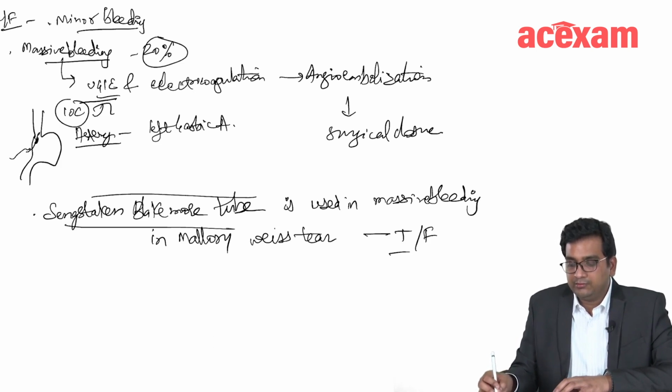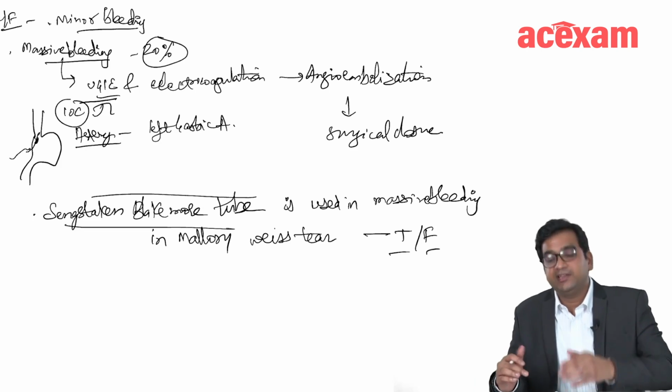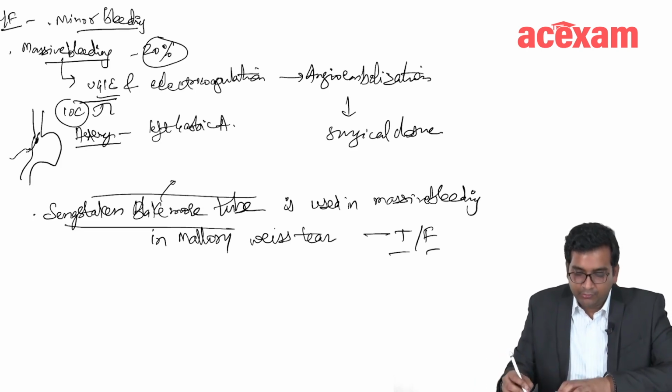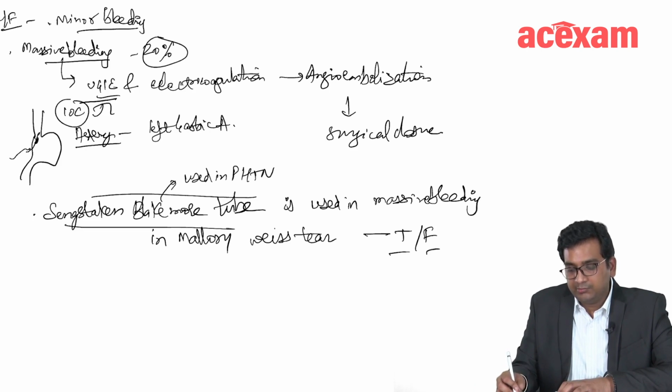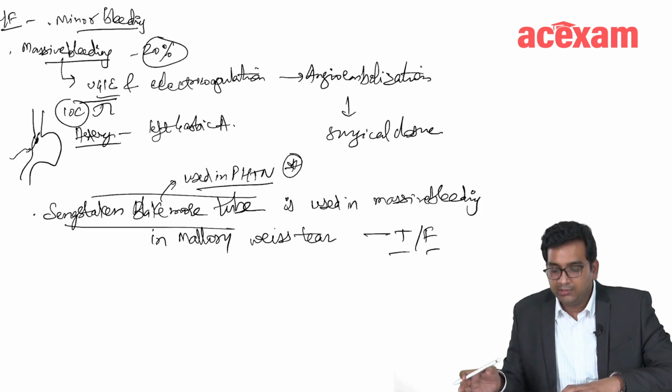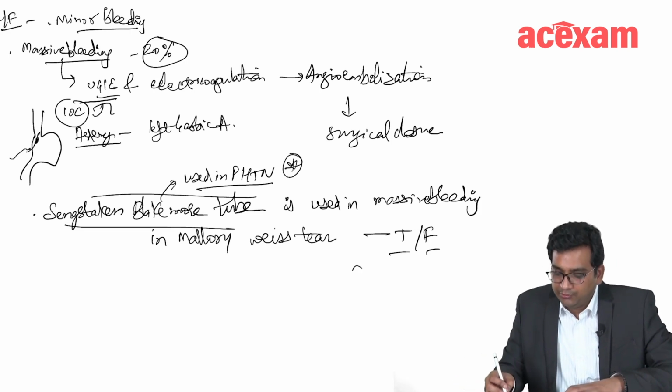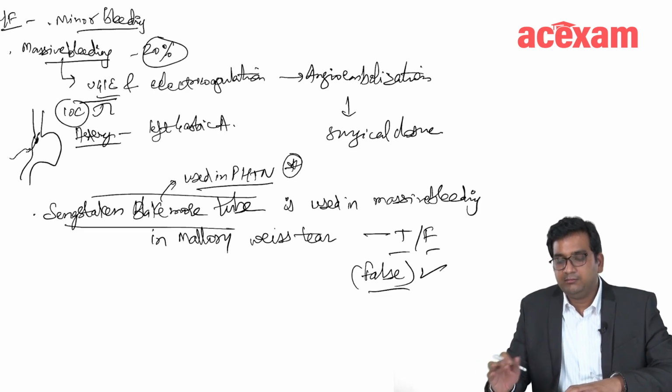True or false? We all know Sengstaken-Blakemore tube is used in portal hypertension to stop the emergency bleeding in esophageal varices. Yes, but this Sengstaken-Blakemore tube is not used in Mallory-Weiss tear.